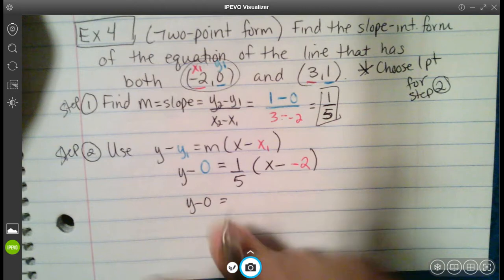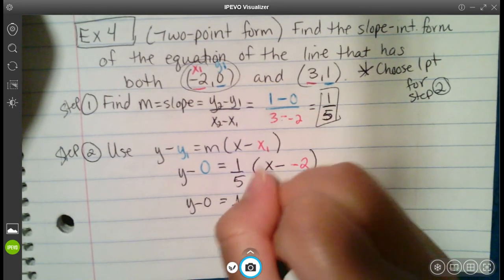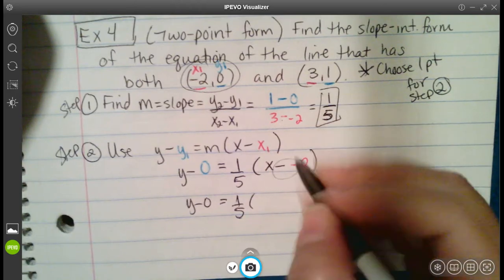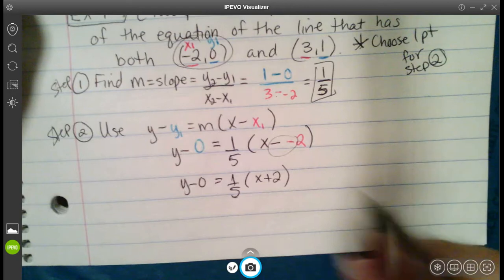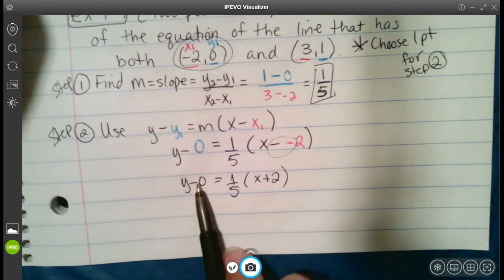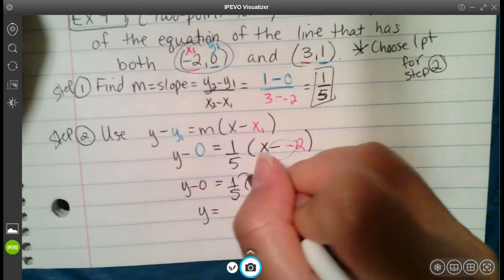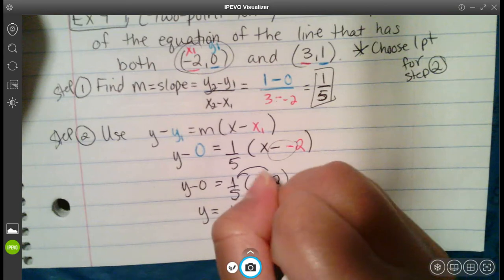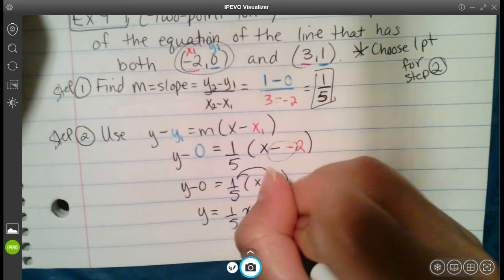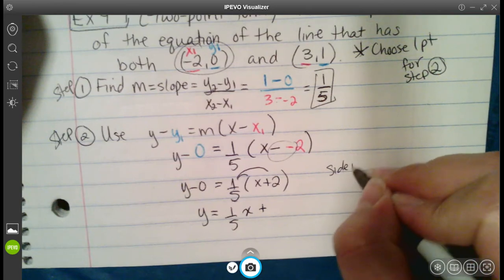And actually, we don't even need to put the 0 because 0 is 0, but that's all right. So 1/5, this becomes positive x plus 2. Now in this step, I am going to get rid of that 0 because we know it's not really there. So y equals, let's distribute here. So we would have 1/5 x plus, here's going to be your side note for the fraction.